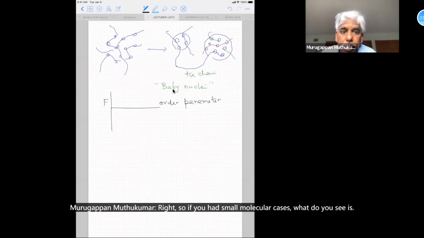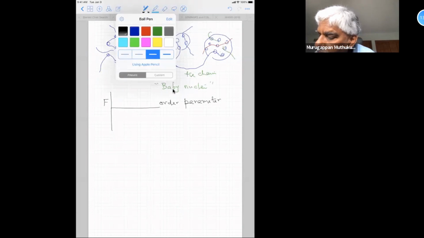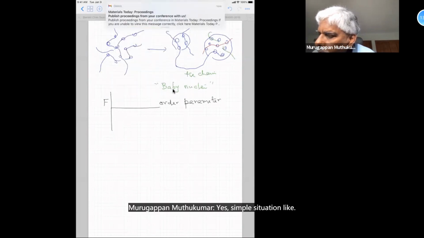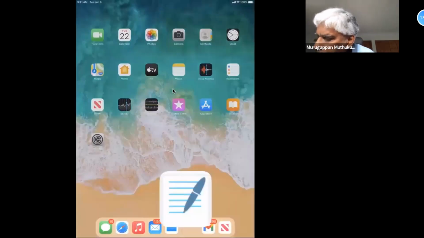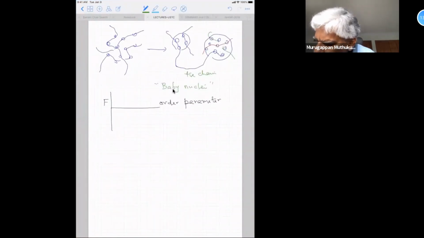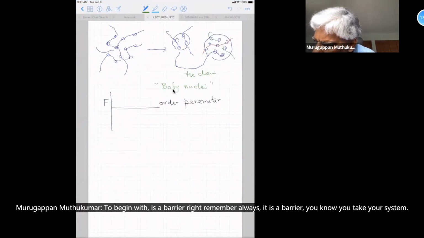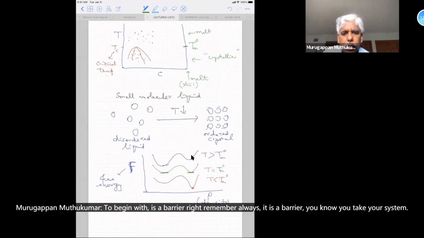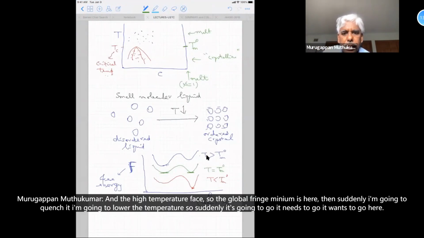So if you had small molecular cases, what you will see is a simple situation like this. To begin with, there's a barrier, right? Remember, always there is a barrier. You take your system in the high temperature phase, so the global free energy minimum is here, then suddenly I'm going to quench it.